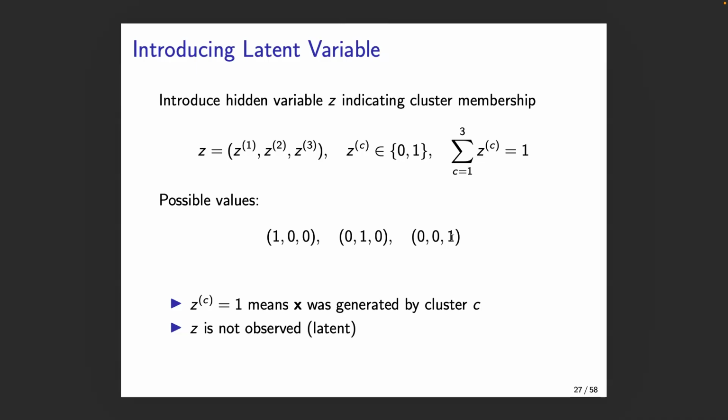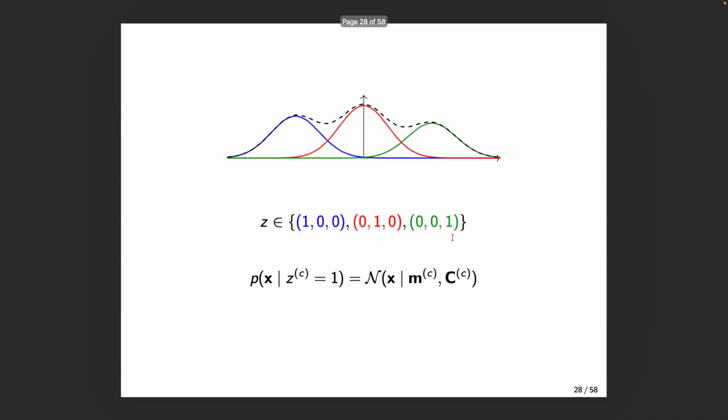It's called a latent or hidden variable because we don't know from which cluster, from which Gaussian distribution, the data point was generated. Thus, it's called hidden or latent. Now, if we knew from which cluster this data point was sampled, then computing the probability for each data point is relatively easy.